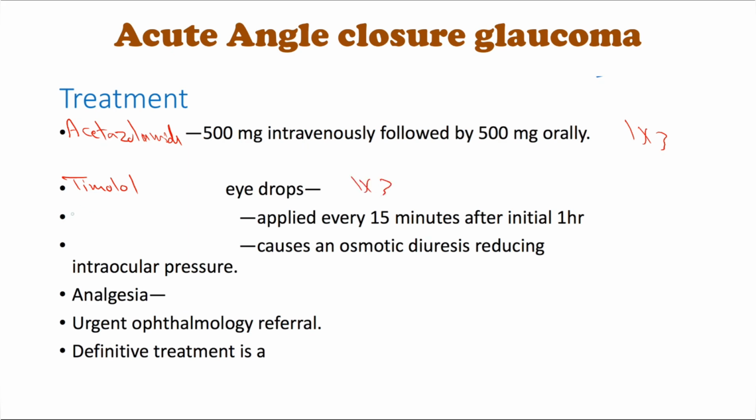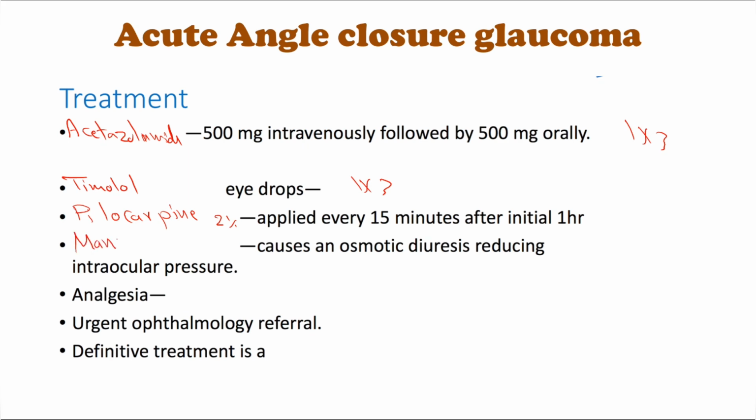We also have another drop called pilocarpine. The pilocarpine 2% eye drop can be used, applied every 15 minutes. After the initial 1 hour, you can use it every hour. It will cause constriction of the pupil and opening of the angle.